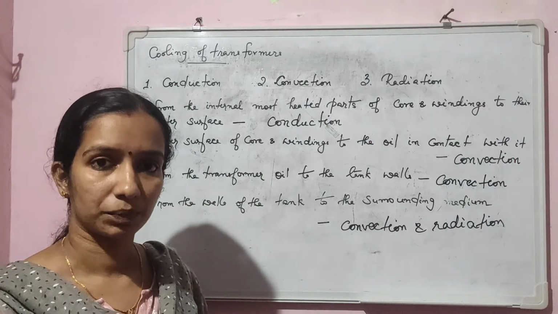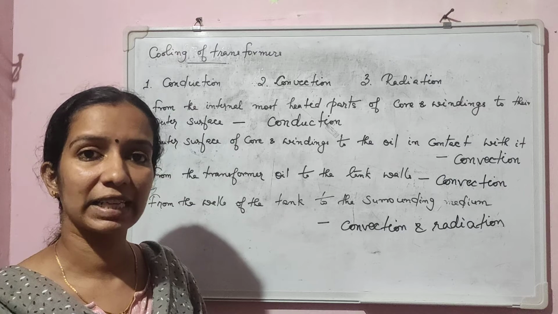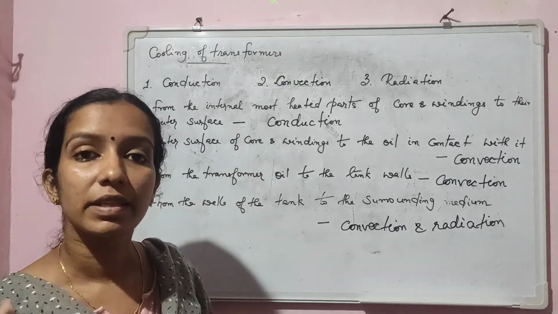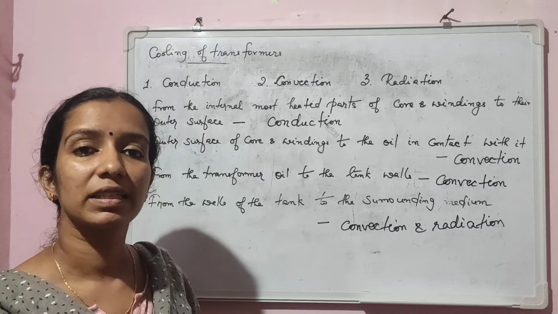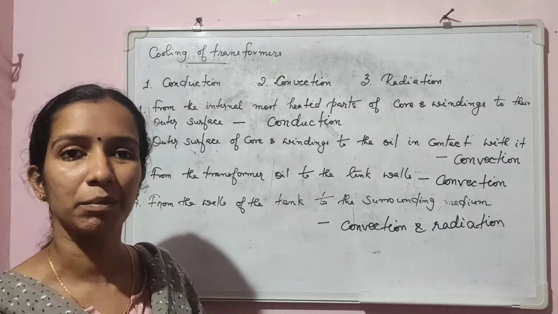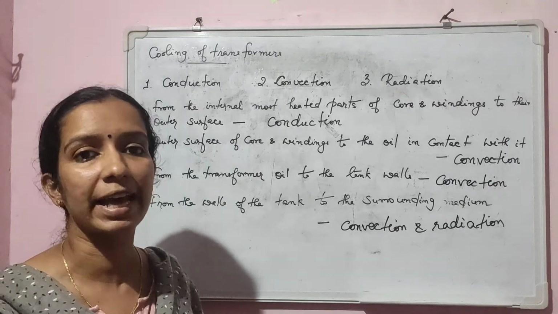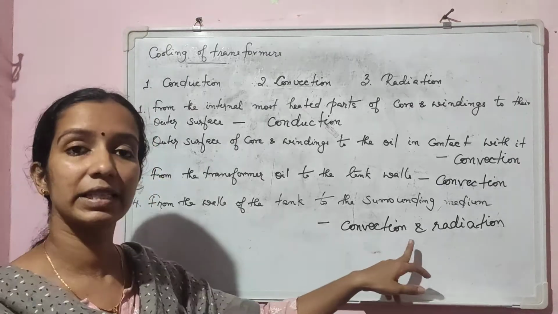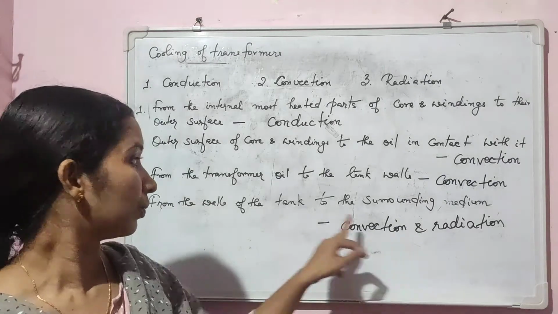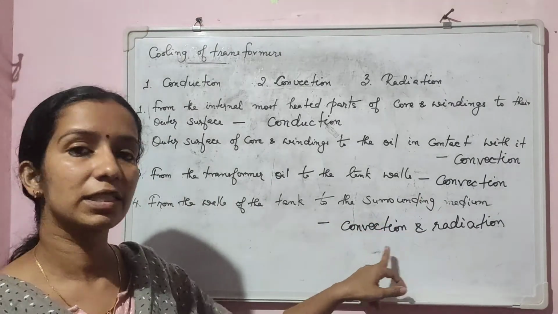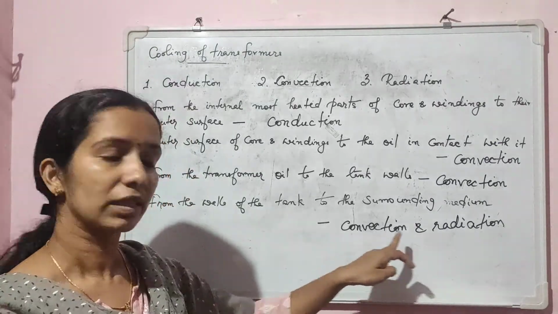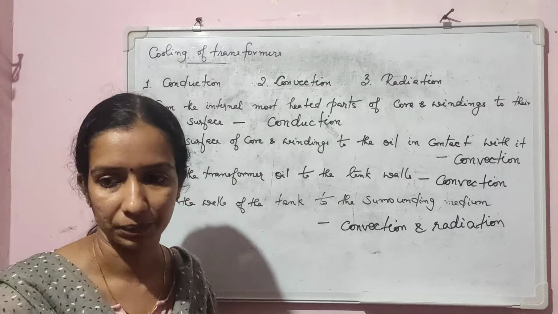Also, outside the transformer tank, there will be air. Air is also a fluid, and some of the heat will be carried by this air also. That is why we are saying that convection is also taking place there. So in the fourth path, heat is dissipated by means of convection and radiation.